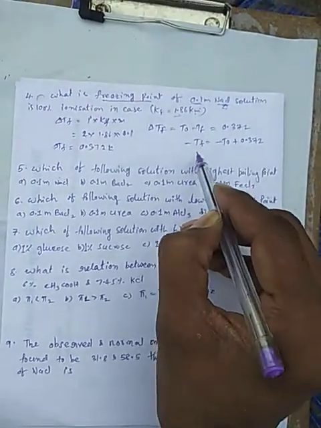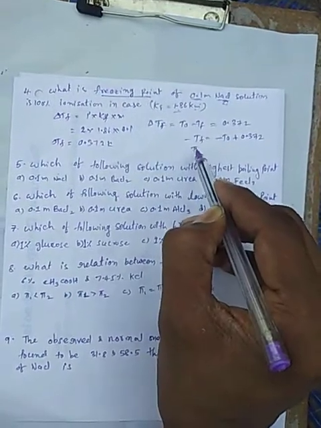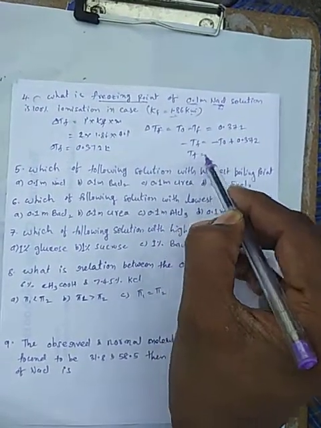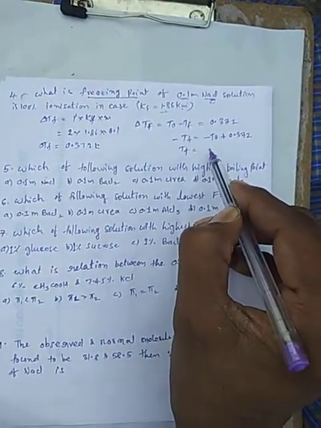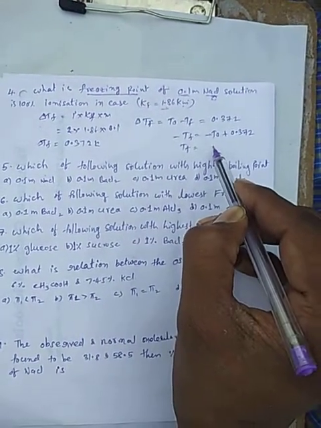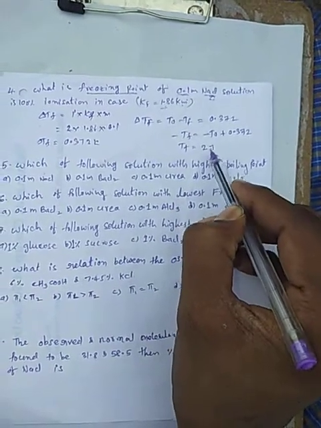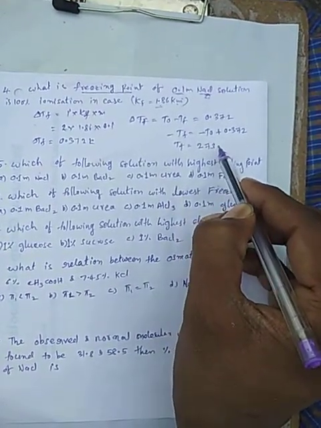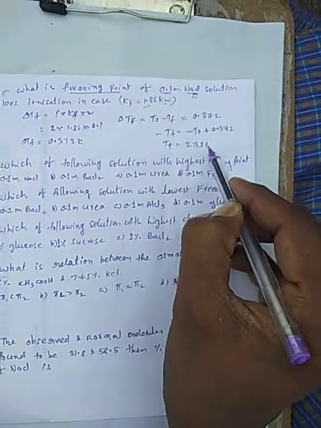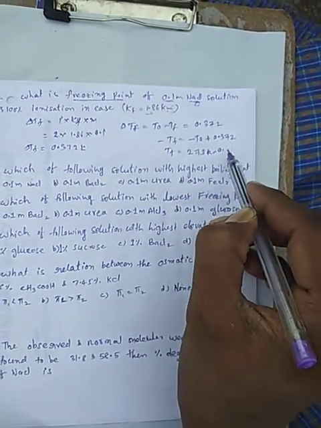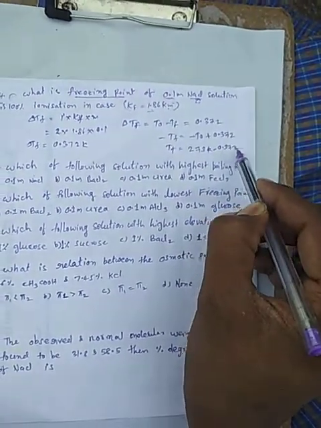Now Tf is equal to, by doing cancellation, it becomes 273 K minus 0.372.